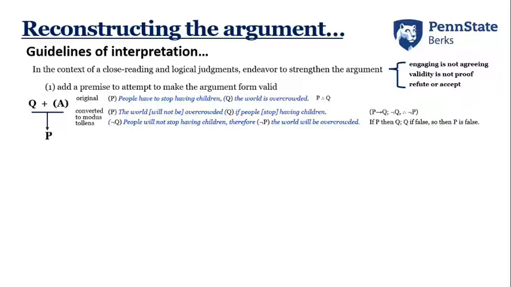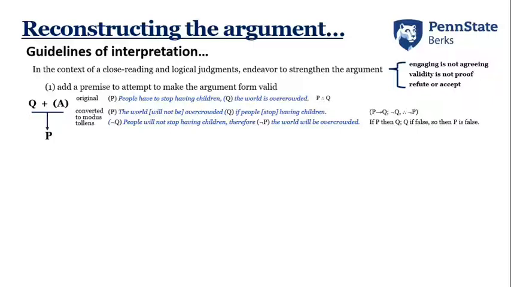Now if we were to diagram this, we would have the Q, the people will not stop having children, and the A is what we have put in there, and that's supposed to give us the conclusion that the world will not be overcrowded. All right, so we could try to add this premise, the A there, in order to help put their argument into a valid form.